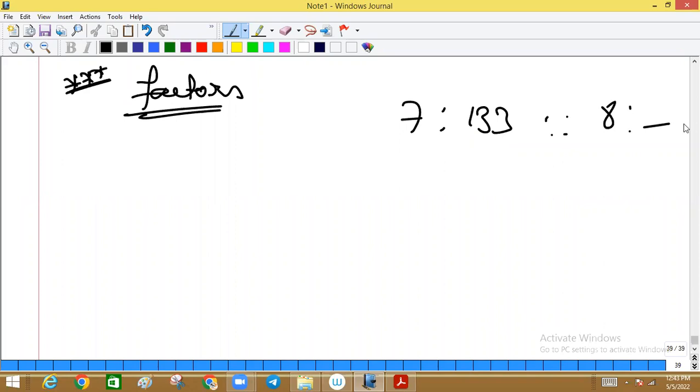Then what do you do? The moment I see this, what is 133? Is it a multiple of 7? Yes or no? 133 is a multiple of 7. Yes, 7 is a factor of 133. The moment I see this, they are in which ratio? 1 is to 19. So here also I should believe 1 is to 19.